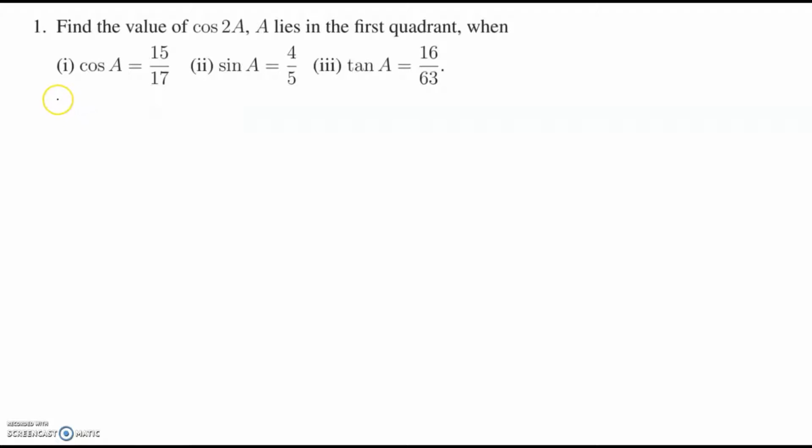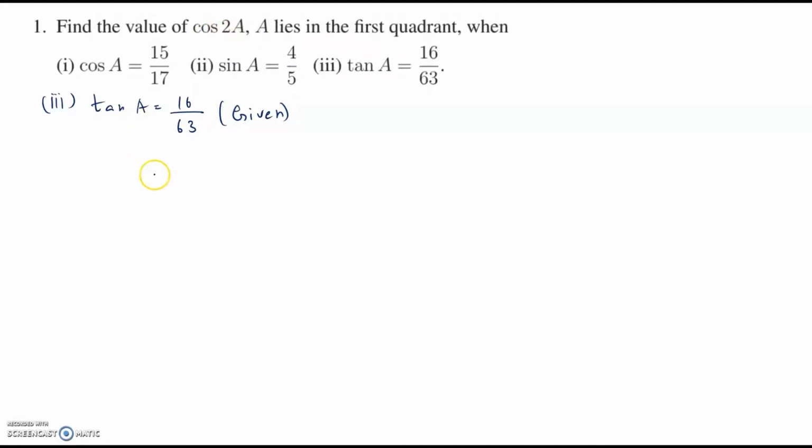Next, the third part of the question. Question is tan A is equal to 16 by 63. This is given to us. Okay, so if this is given, and we need to find cos 2A.